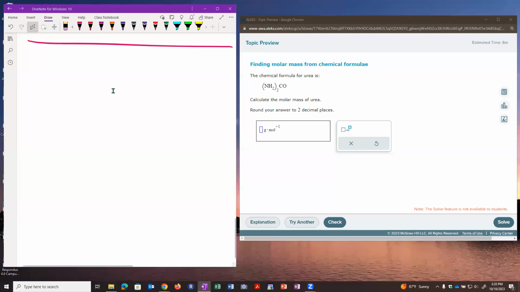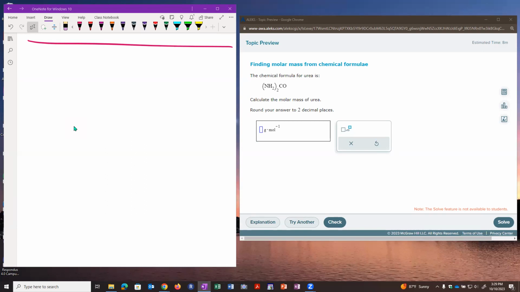All right, so in this question, we're going to be taking a look at finding molar masses from chemical formulas. And this is just an extension of calculating the molar mass of individual elements. And we saw previously we were able to find those simply by looking at the periodic table. And we're going to do that again in this case.